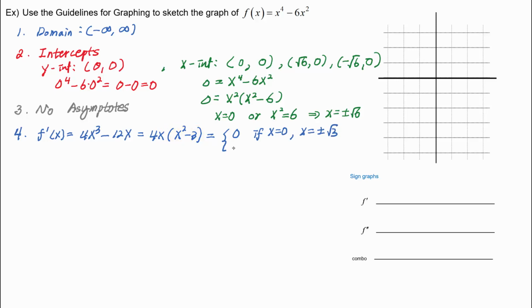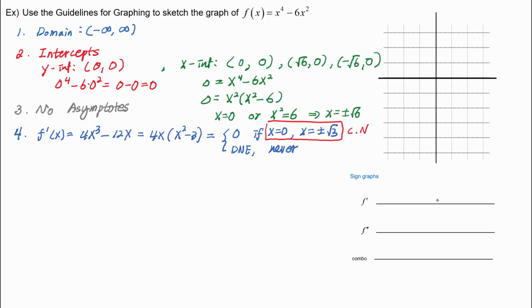And this f prime is never undefined, so that never happens. So I do have 3 critical numbers, 0 and plus or minus radical 3. And radical 3 is about 1.7.